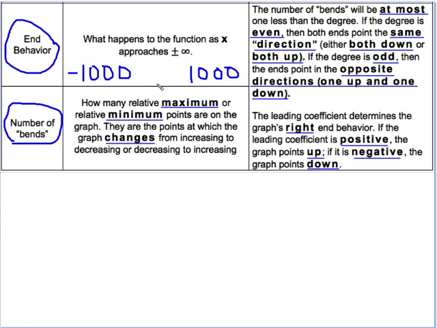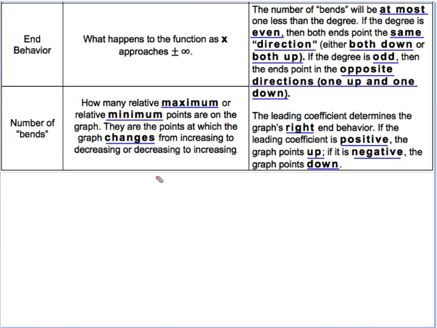If you did from negative 1,000 to positive 1,000 on your x-axis, you would see sometimes the ends will keep going up like this forever. Sometimes they'll go down like that forever. We don't care about what's happening in the middle. We want to know how the graph is going to end up close to infinity. So that's what we're talking about with end behavior.